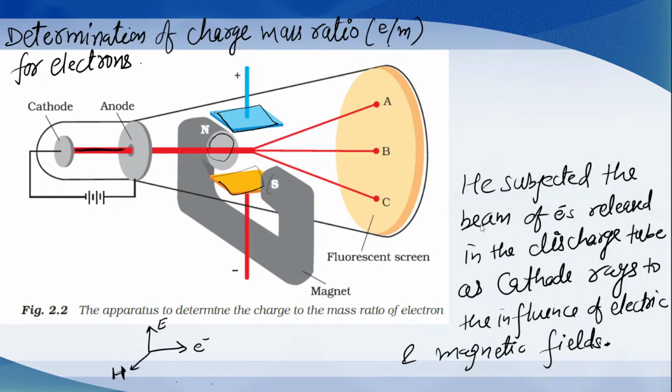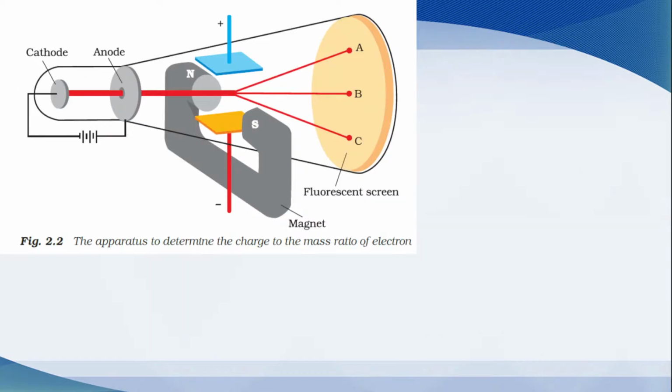So now, according to J. J. Thomson, the extent of deviation under the influence of applied electric field and magnetic field depends upon the following factors.